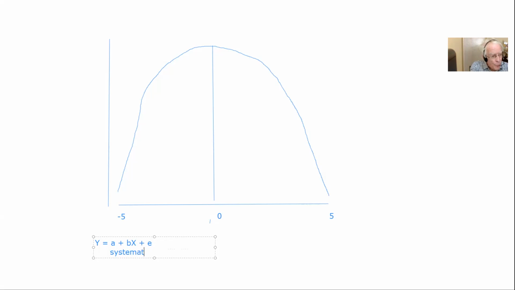So here is the predicted value of a model, a plus bx, which is systematic, and then anything else is unsystematic, unpredictable, and therefore goes into the error term.